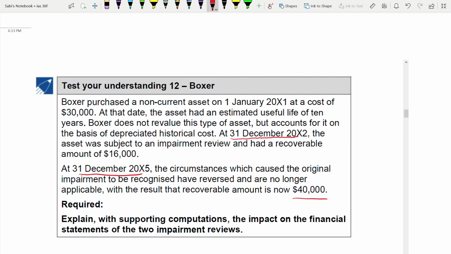Boxer purchased a non-current asset on 1st of January 2001 at 30,000. At that time, useful life was 10 years. There is no revaluation that took place. Boxer did not revalue. But on 31st December 2002, recoverable amount is 16,000.